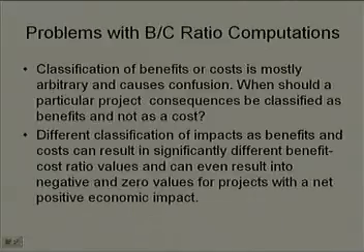Now, in addition to this, you will find that there are certain problems that hinder the application of the B by C ratio. For example, identifying benefits and costs is quite confusing. Once there is confusion, the B by C ratio is sometimes found to be incorrect, and so your decision based on that B by C ratio would be incorrect.